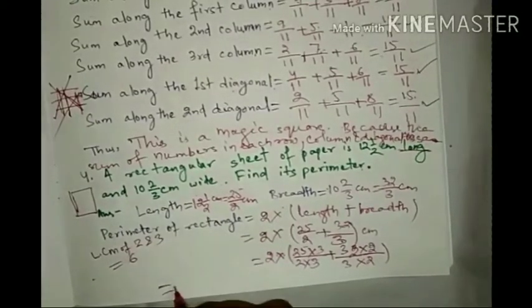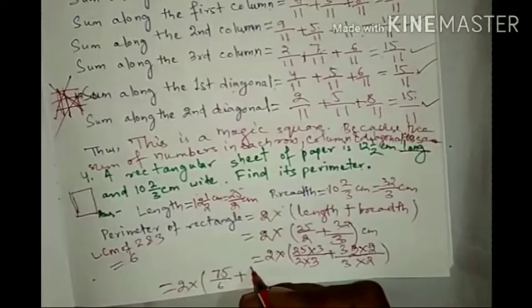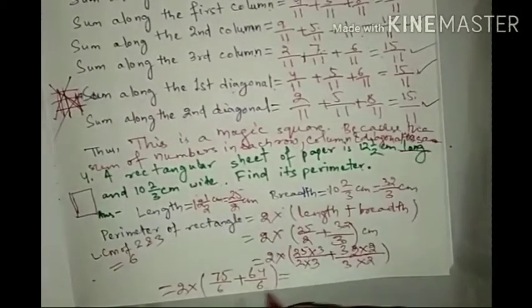What we got is 2 whole into 75 by 6 plus 64 by 6.